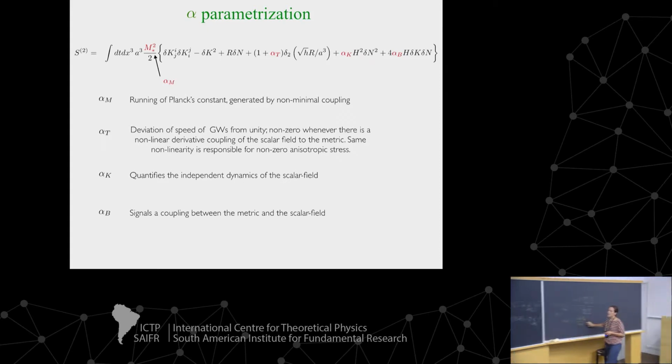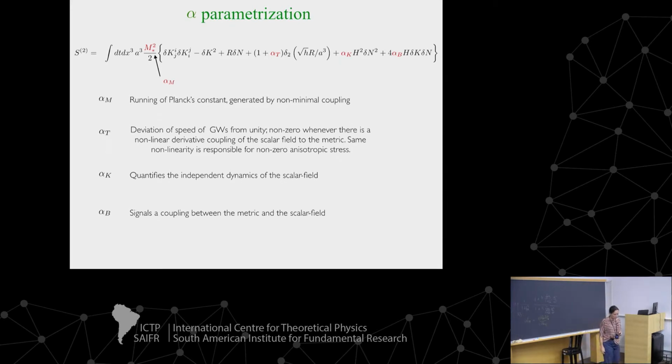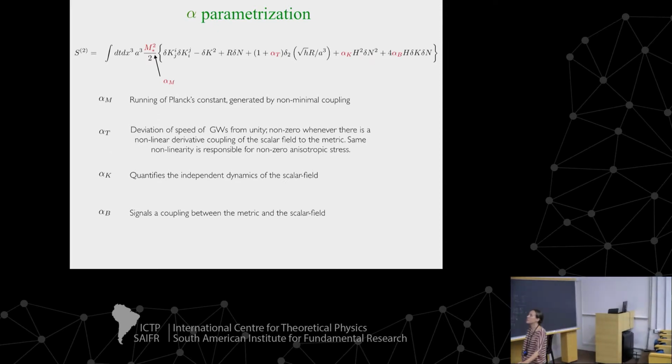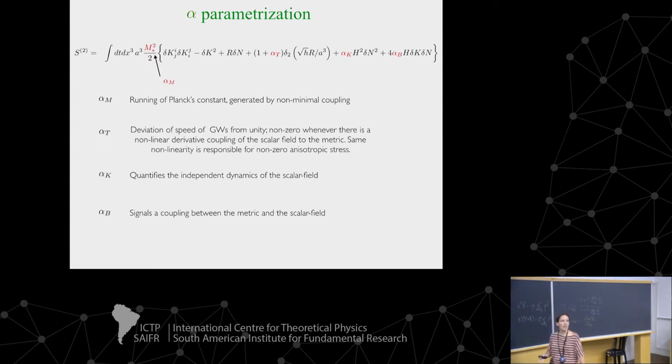But it's telling you if the coupling, the Planck mass or your effective Newton constant depends on time. It runs. That in f(R) happens, right? For all non-minimally coupled models, you have that. Alpha T is exactly the object that will tell you whether your speed of sound for tensors will be different than 1. So that for f(R) will be 0.